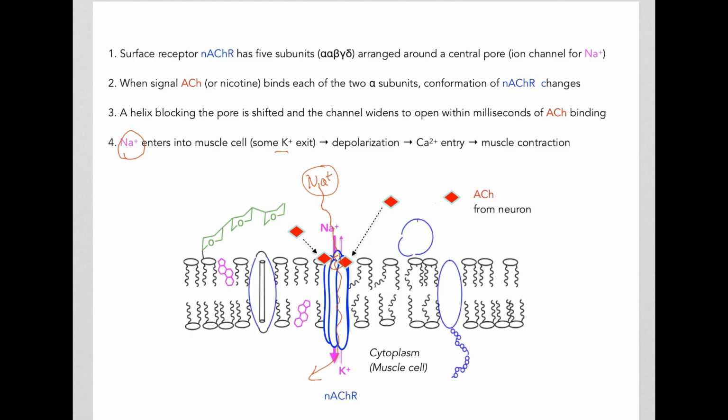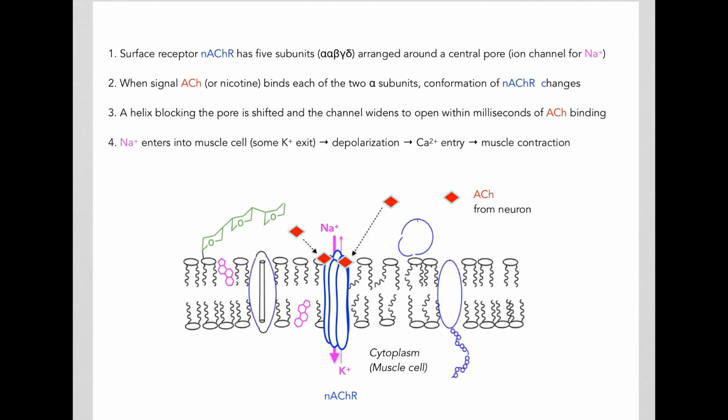So since sodium is positively charged, we are sending more positive charge into the cell. That's going to lead to a depolarization of the muscle cell, and that then leads to the action potential and all the other things we talked about earlier. Eventually calcium enters the muscle cell, and a large amount of calcium inside the cytoplasm of the muscle cell is going to cause the muscle to contract.